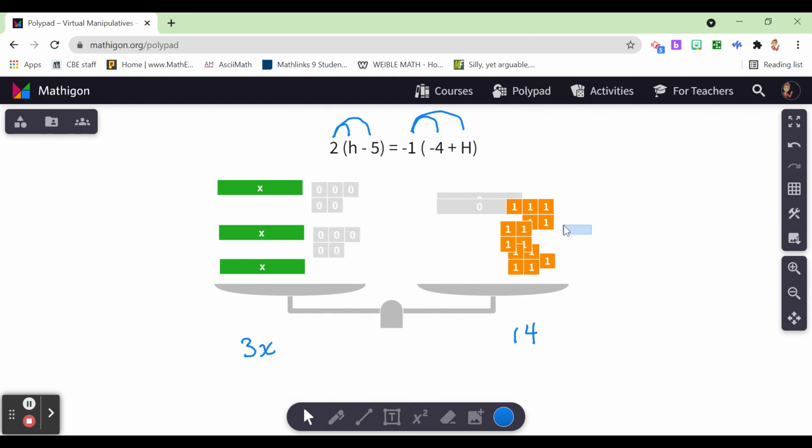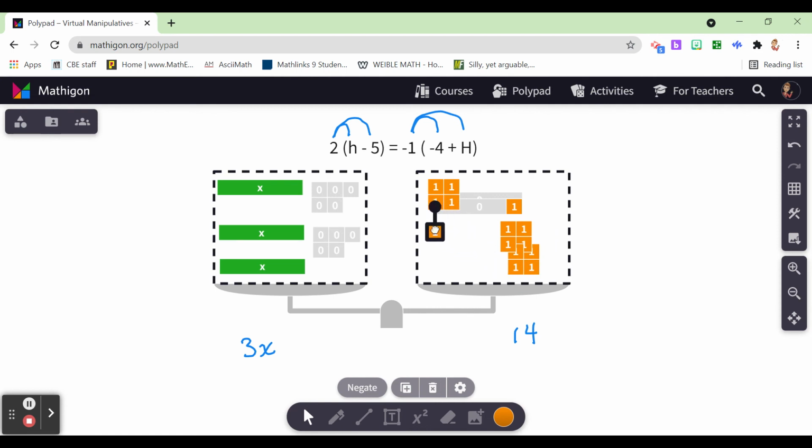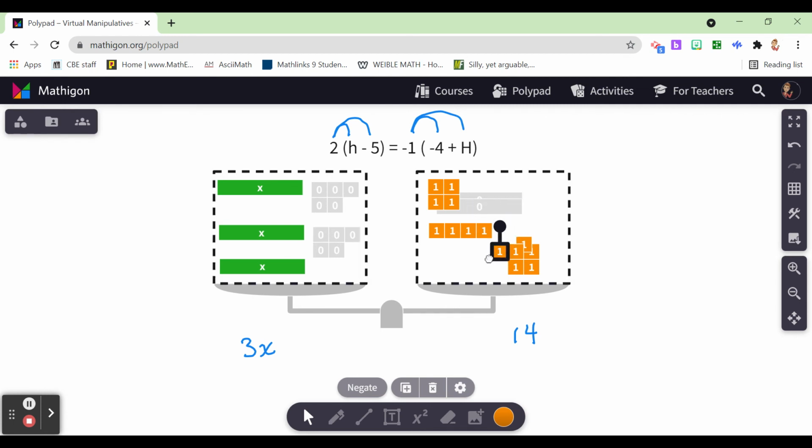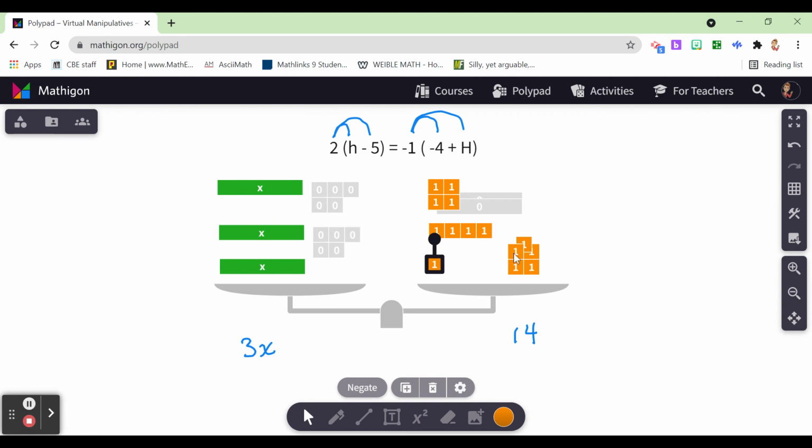I'm going to do 3 groups of 4. So 1 group of 4, 2 groups of 4, 3 groups of 4, and now I have these 2 left over.